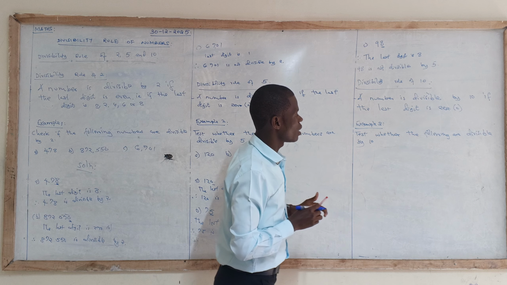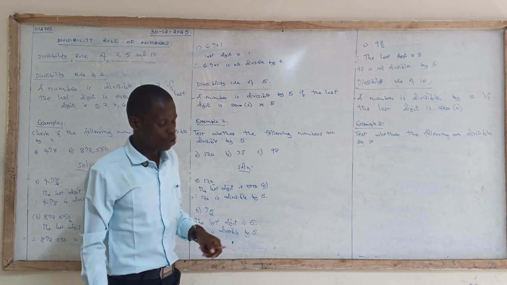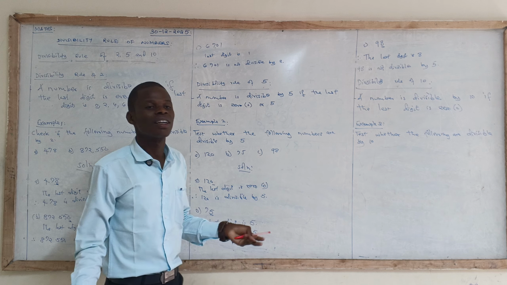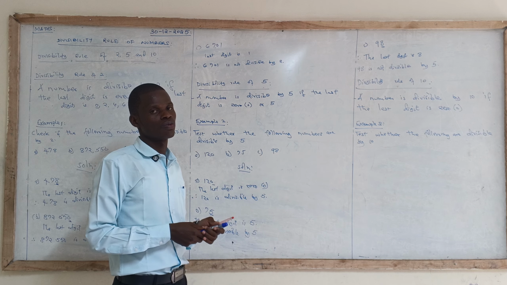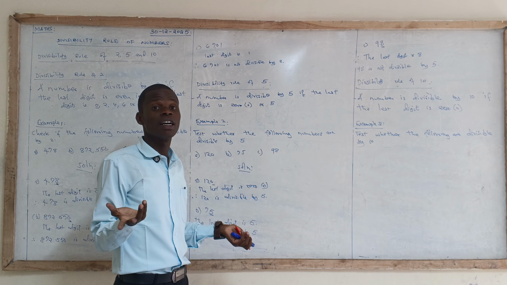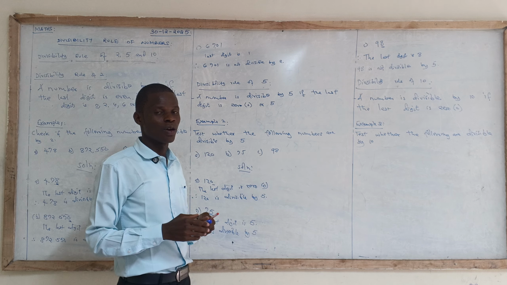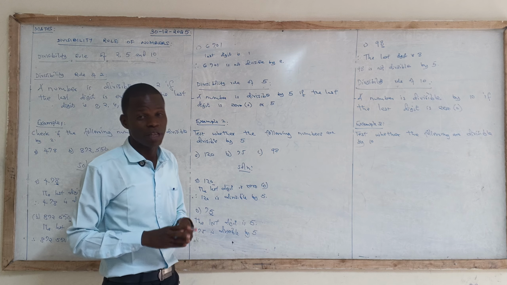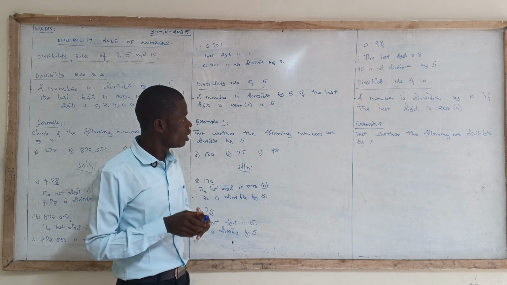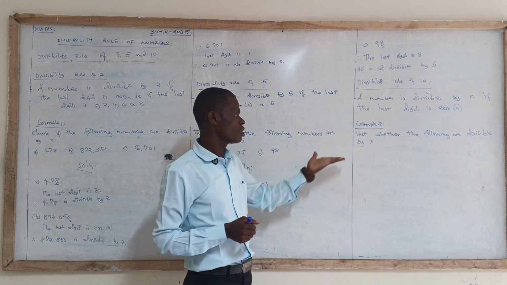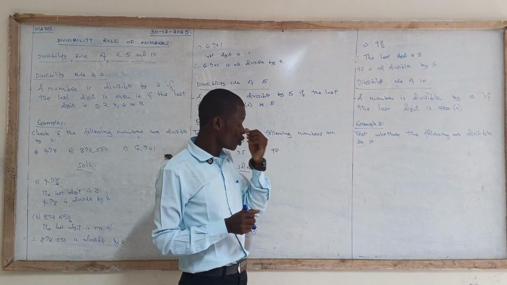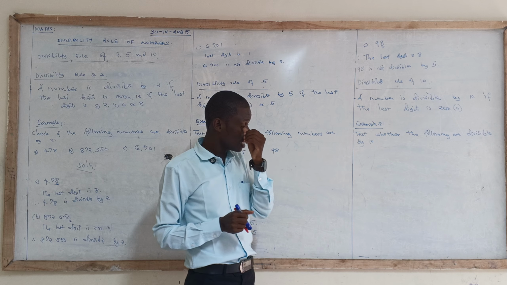If you're being told to test, don't take your calculator and start dividing. No. You are not going to think, and no shortcut. We are in this together. We have to make maths as easy as possible. You just need to show, are they divisible by 10 or not?